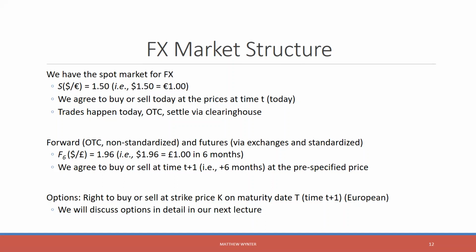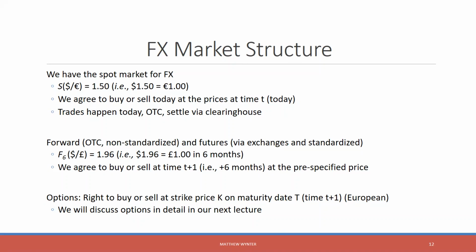So we have the spot market for FX. Here we've got a spot rate for the dollar to euro equal to 1.50, i.e. it's going to cost $1.50 to buy 1 euro. So how does this work? Well, with the spot market, we agree to buy or sell today at the prices that we observe today at time t, and the trades are going to happen right now.